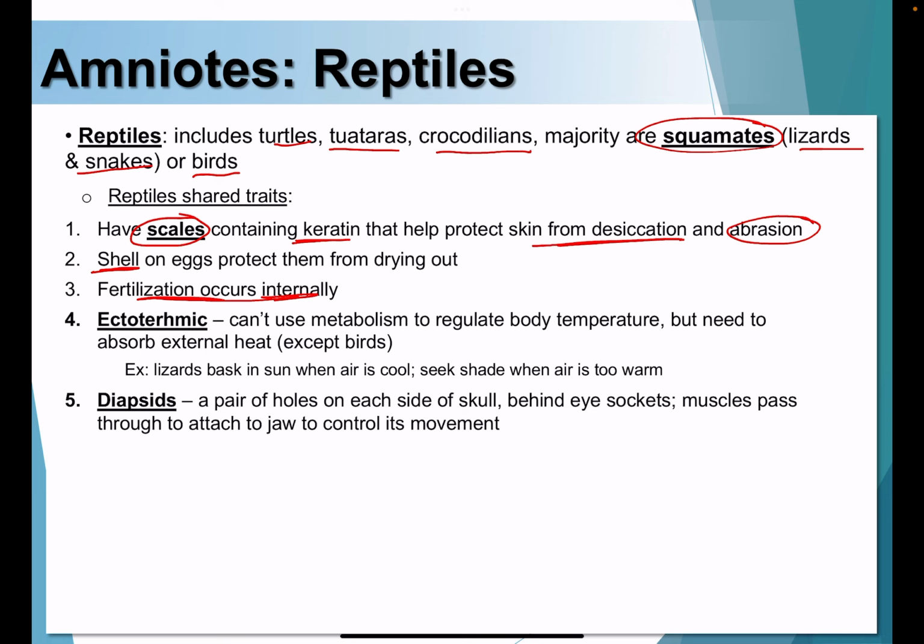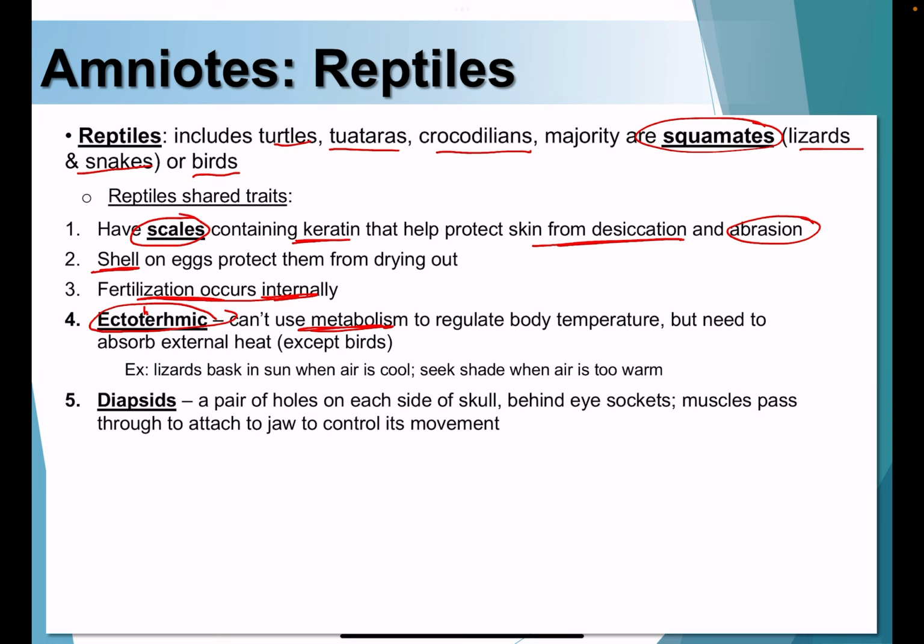Something else about reptiles is that they're considered ectothermic. I missed the H there, excuse me. Ectothermic means that they cannot use metabolism to regulate body temperature. Why is that the case? Because whenever we metabolize food through our digestive system and do a lot of cellular respiration, that warms our body up.